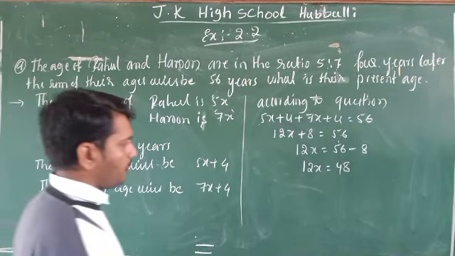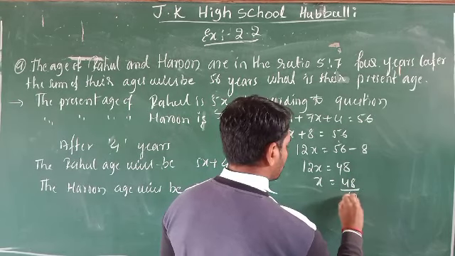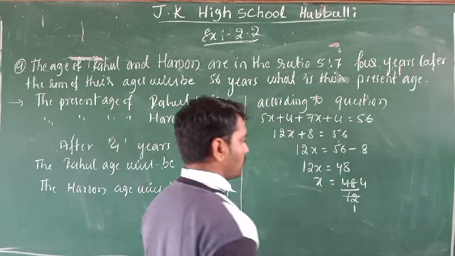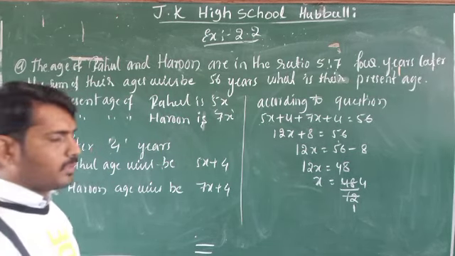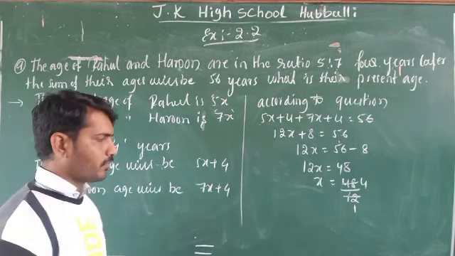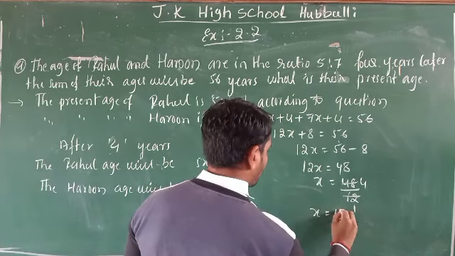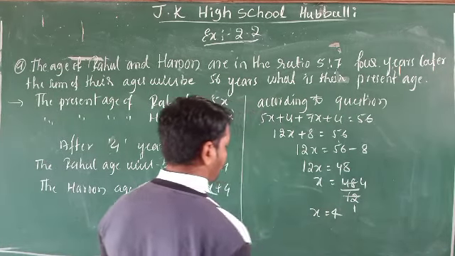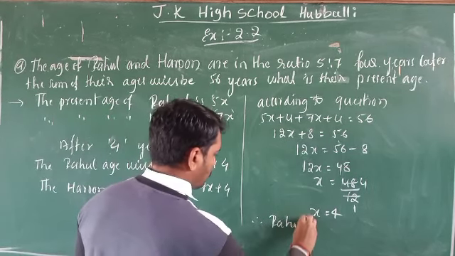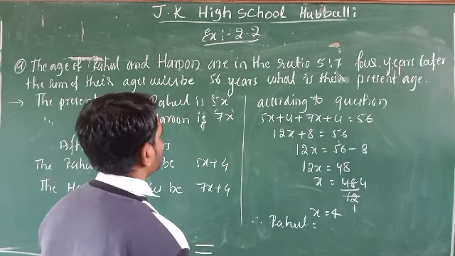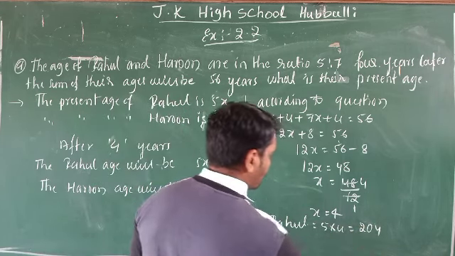Next term. x is equal to 48 divided by 12. 12 4s are 48. 12 ones are 12, 12 2s are 24, 12 3s are 36, 12 4s are 48. Next one. x is equal to what? 4. Later on, therefore, Rahul is equal to how much? 5 into 4, 20 years.